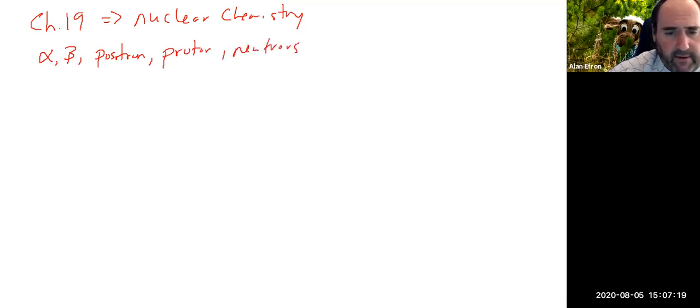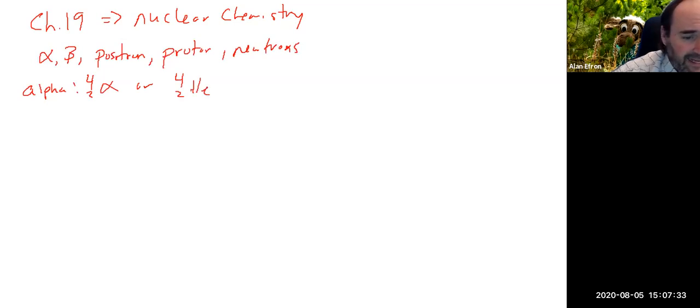And remember that all these had symbols that were used. For example, alpha, sometimes the alpha symbol with a 4 and a 2, is very common in nuclear chemistry. It is a helium nucleus, which is what it is. Our beta particle also sometimes uses different symbols, including the beta symbol with a 0 and a -1, or, because some people consider it just an electron, the e is used for an electron.